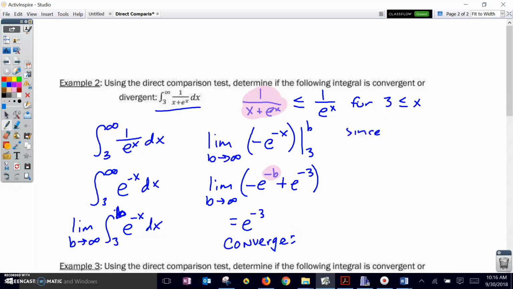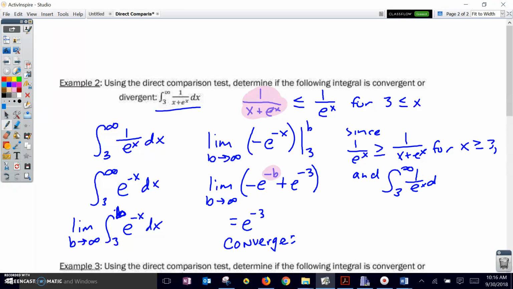Since 1 over e to the x is greater than or equal to 1 over x plus e to the x, for x greater than or equal to 3, and the integral from 3 to infinity of 1 over e to the x dx converges, then the integral from 3 to infinity of 1 over x plus e to the x dx converges by direct comparison.